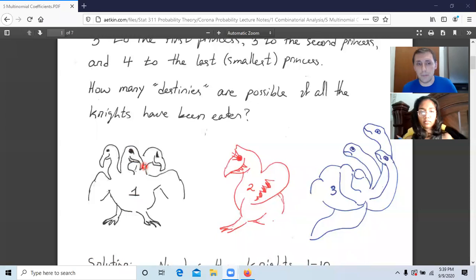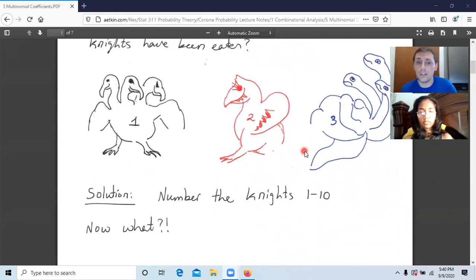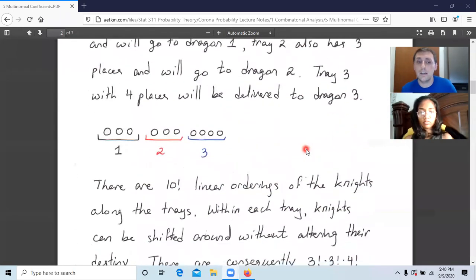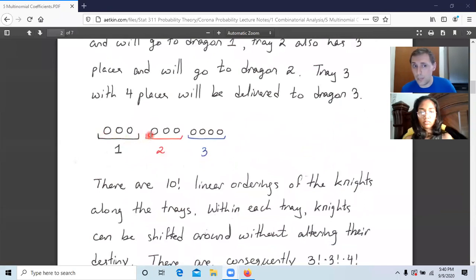So in this case, we remember what happened there, right? Dragon number 1 had to get a meal out of exactly 3 knights. Dragon number 2 had to get a meal out of also 3 individuals, and the last dragon had to have 4, right? Then we realized that we can just put them on tray 1, tray 2, and tray 3.